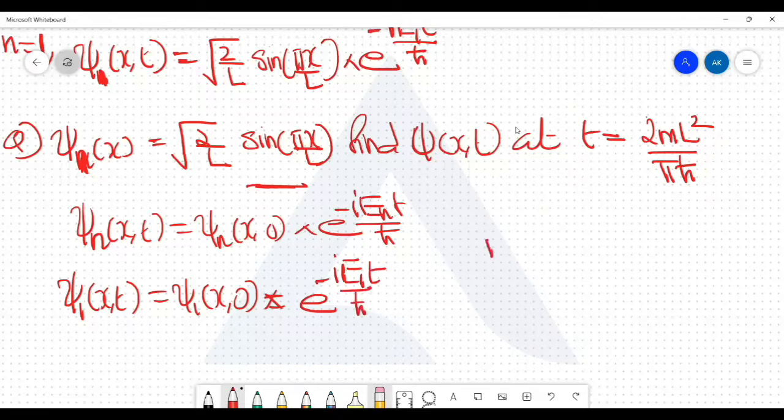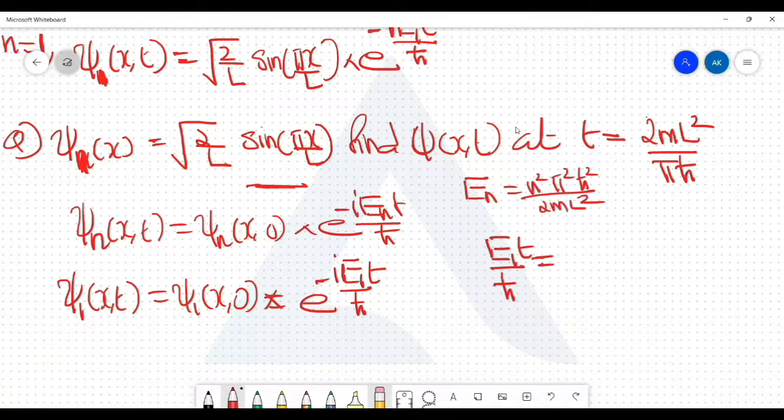Do it separately: E1 t by h cross. What is E1? E n is equal to n square pi square h cross square by 2m L square. So this is pi square h cross square by 2m L square into your t, which is given by 2m L square by pi h cross, divided by h cross.